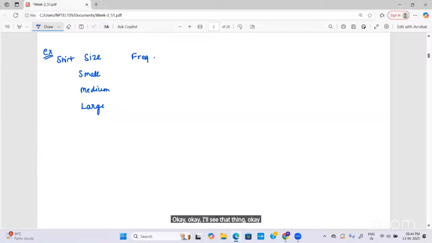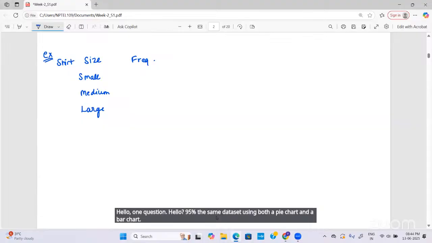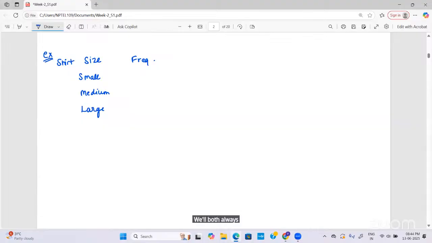Okay, ask. Ma'am, if I present the same data set using both a pie chart and a bar chart, will both always lead to the same interpretation, or will there be any difference?